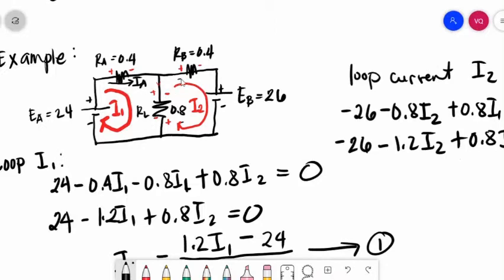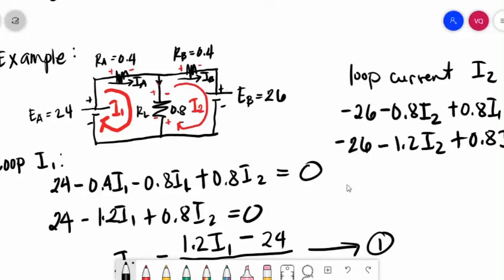And then, IB. This is your IL. So, the loop current flowing in RA is equal to our loop current I1. And the loop current flowing in our RB, which is our loop current I2.